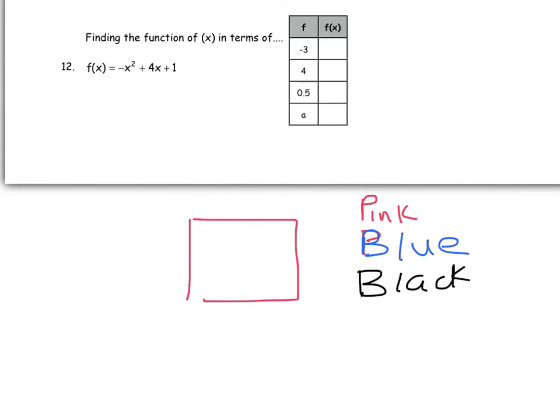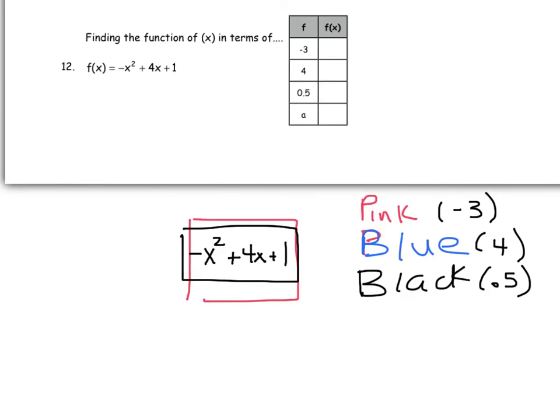So every day there's going to be a different amount of coloring that goes in. However, the machine takes the same formula to make a Skittle. So the formula stays the same, but to get the different colors, we're going to put in different values for the X. Okay, so you're going to end up having 1, 2, 3, 4 problems.